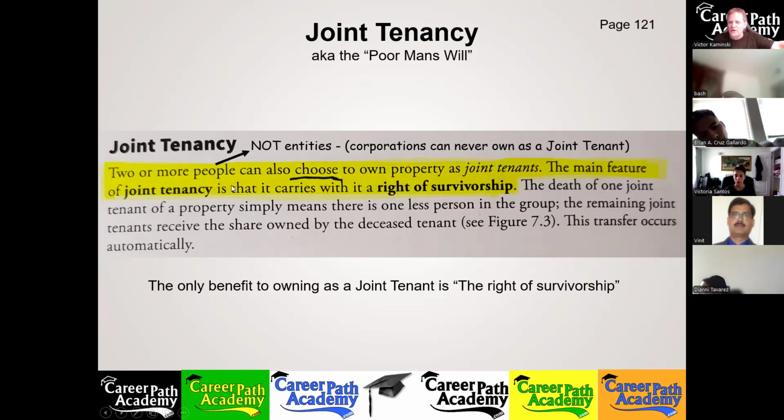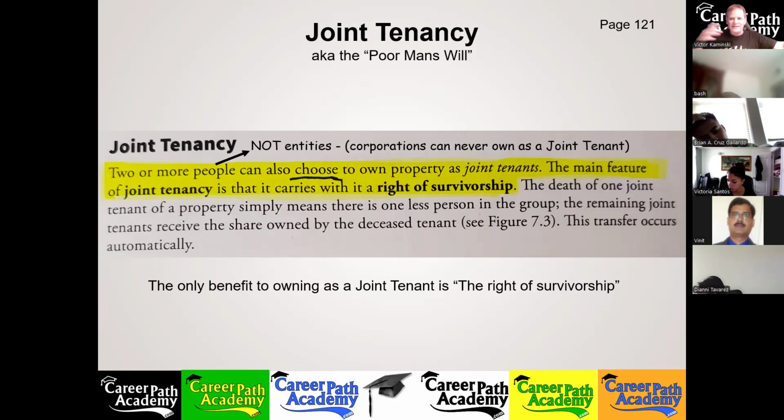If you don't specify, the default is tenancy in common. So why would anybody want to create a joint tenancy? To get this right of survivorship. That's the only benefit to joint tenancy.